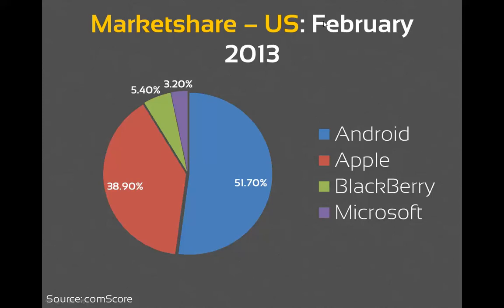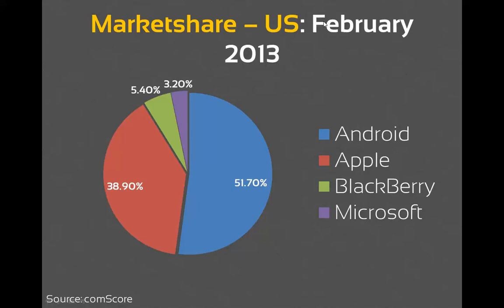So let's talk about market share. This is February 2013. These numbers are never right, but this is what we can base what we see on. You can see that Android has the majority of the share. You also have Apple with about 40%. And then you have BlackBerry and Microsoft with just a little bit. The reason I bring this up is that we have all these platforms that we need to develop for. We have users in every single silo.